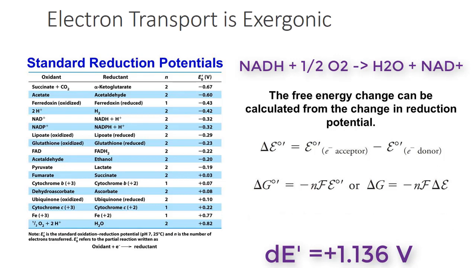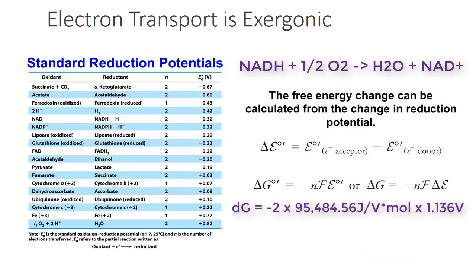So in our example, delta G is equal to negative 2 times 95,484.56 times 1.136, or negative 217 kilojoules per mole.